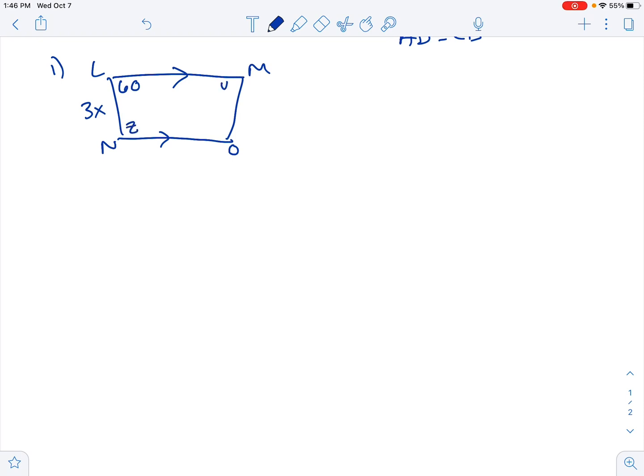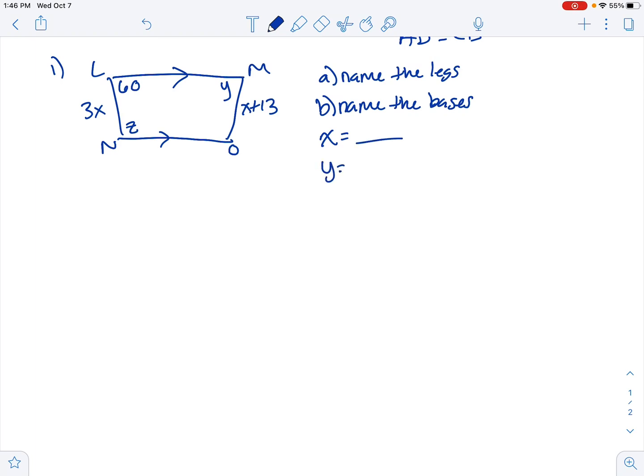This is going to be 60, Z, Y, and x plus 13. We are going to name the legs, name the bases, and then we're going to solve for x, y, and z.